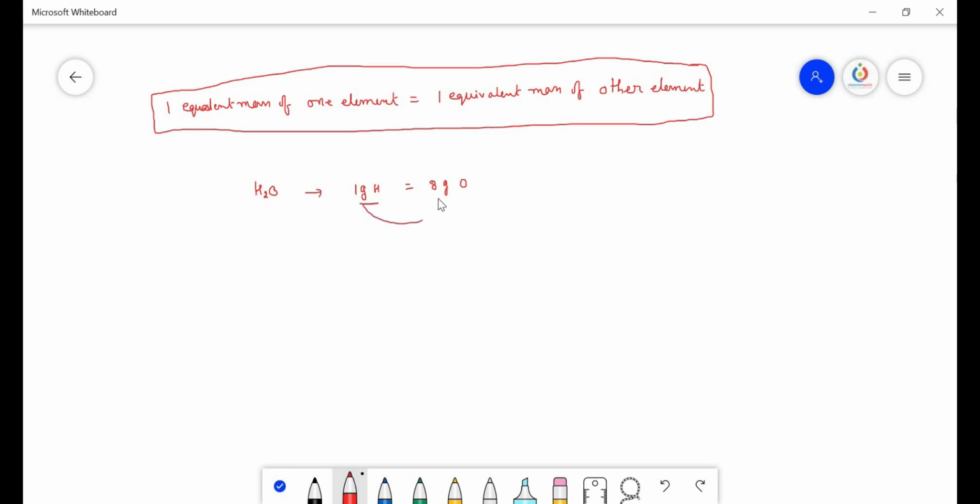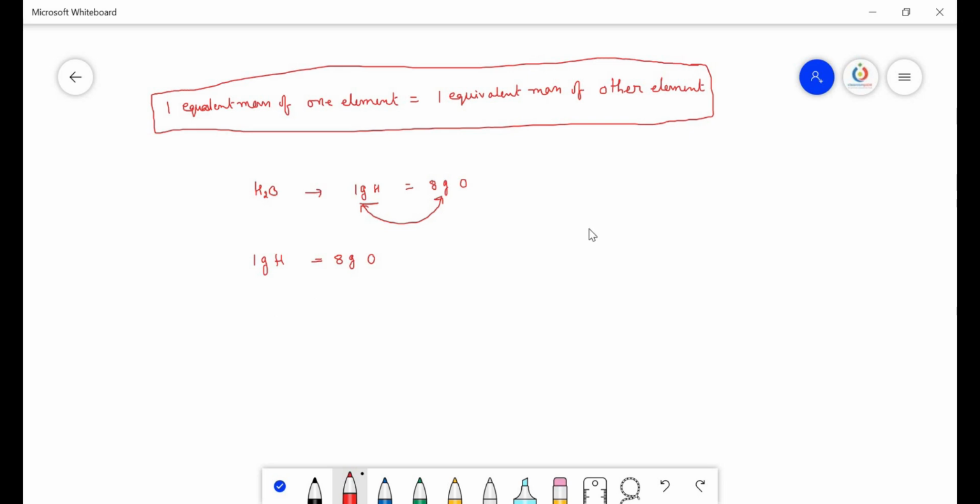The masses are different, but these are their respective part masses. It means 1 part mass of one element always combines with 1 part mass of another element. That is the meaning: one equivalent mass of one element is equal to one equivalent mass of the other element. So here 1 gram of hydrogen is equal to 8 grams of oxygen.